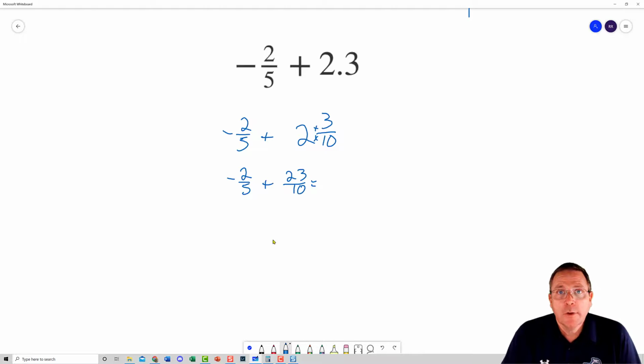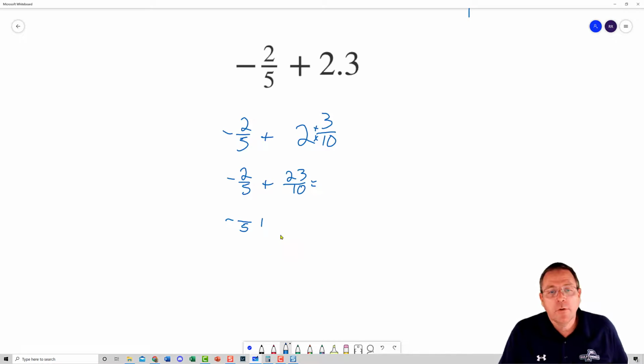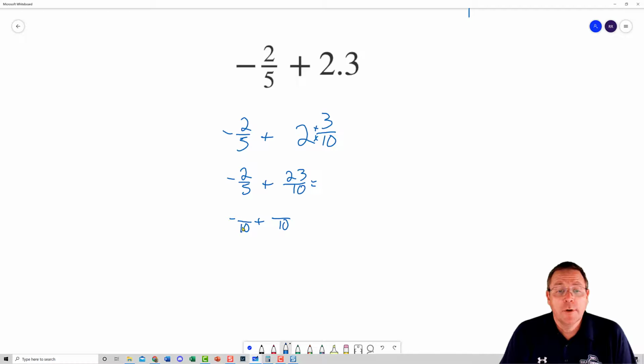Then we're going to find our least common denominator. The least common denominator is going to be a 5. I'm sorry, it's not going to be a 5. I totally lied to you there. The least common denominator is going to be a 10. So from there, 5 goes into 10 2 times. 2 times 2 is 4. The 23/10 stays just like it was. Now we're going to look at our problem.